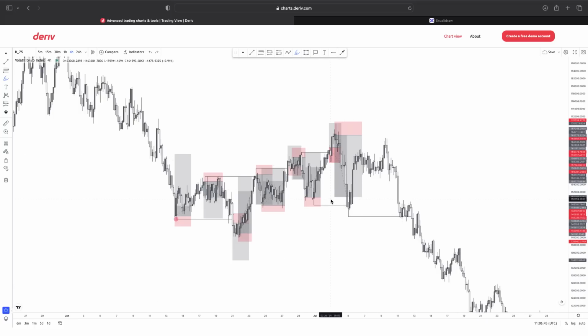So now the buyers, right, the buyers are now losing control. Why? Because we see the sell side liquidity getting grabbed. So whoever bought around this area here, holding their positions, hoping that price will significantly push to the upside indefinitely, they eventually become liquidity.